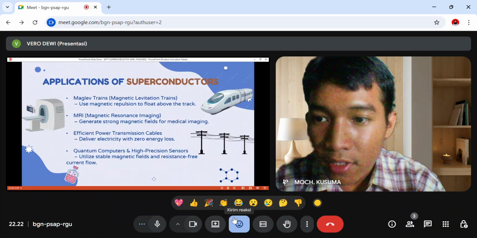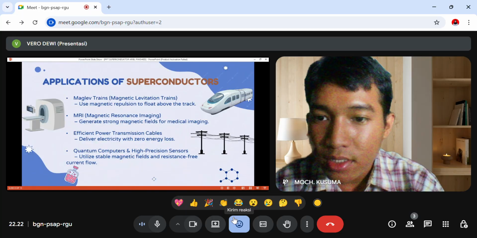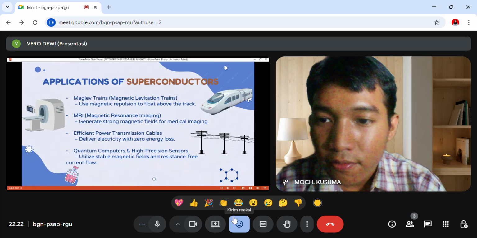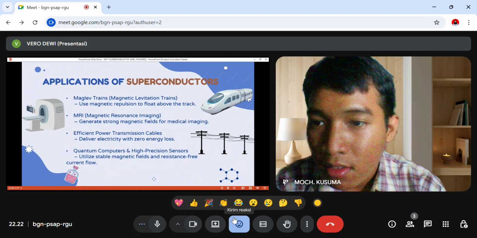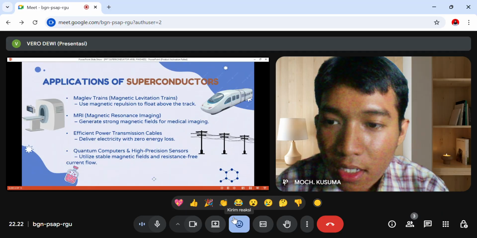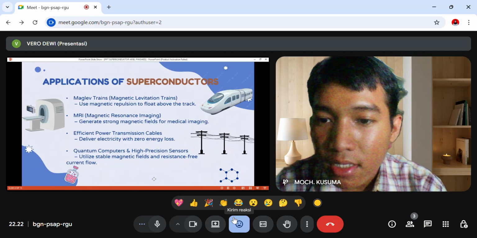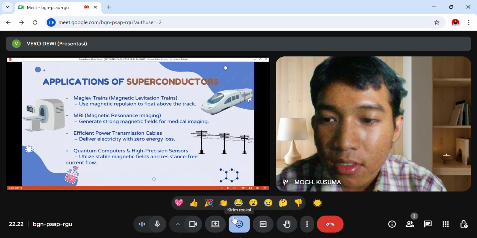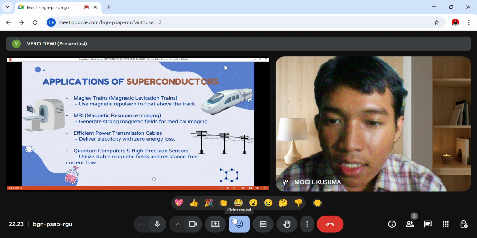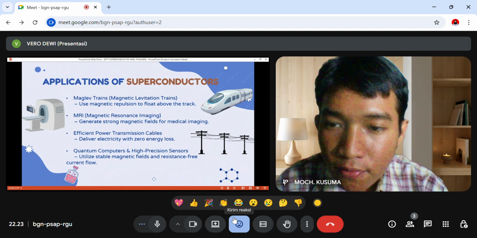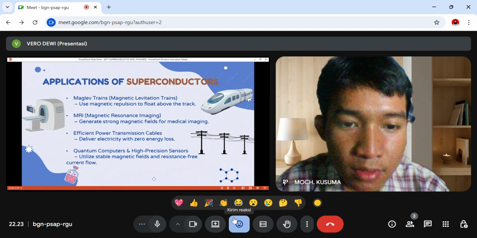Third, we have efficient power transmission cables. Deliver electricity with zero energy loss. And last, we have quantum computers and high precision sensors. Utilize stable magnetic fields and resistance-free current flow.